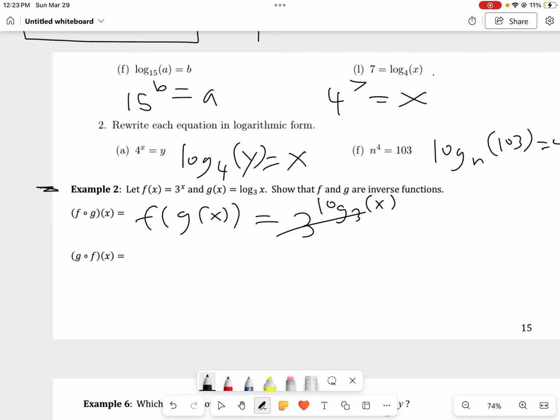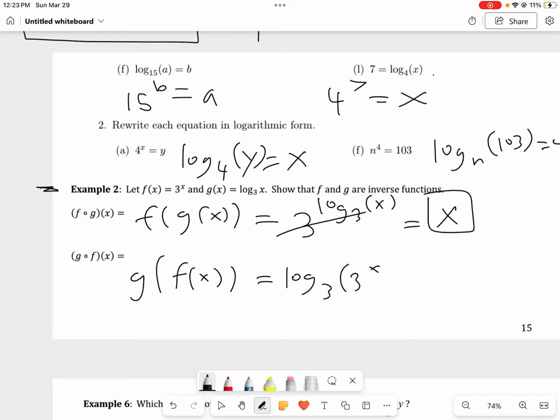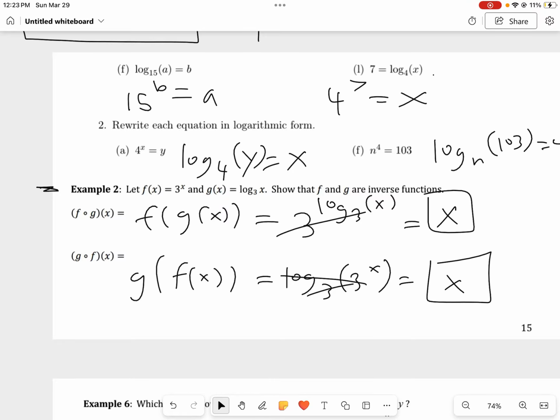That cancels out, and that's just going to be x. Now we're doing the other way, g of f of x. g of x is log base 3, and now we're going to replace that with f of x. We're going to put in 3 to the x. That's going to cancel out, so we're just going to have x. Great. They're inverses.